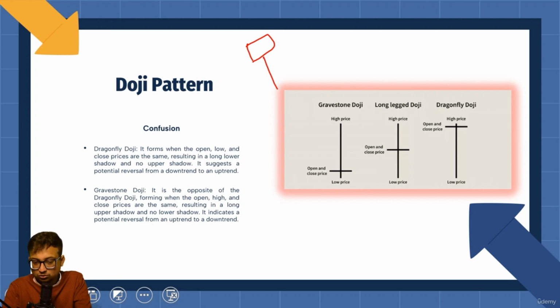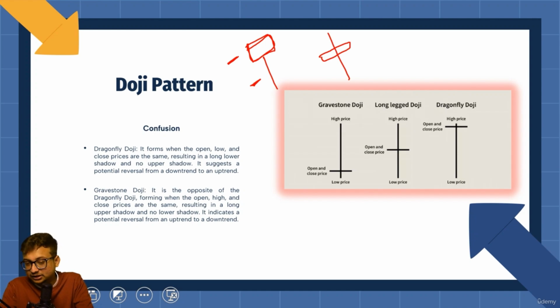So what we have studied in the Doji pattern, it looks like this, right? This is the body and this is the wick part. This is the hammer pattern, right? This is the body and this is the wick part. But in the case of the Doji pattern, the body looks like this, very small.